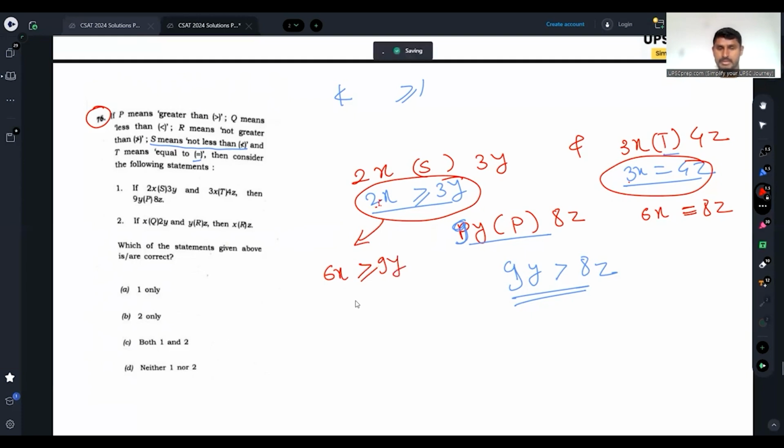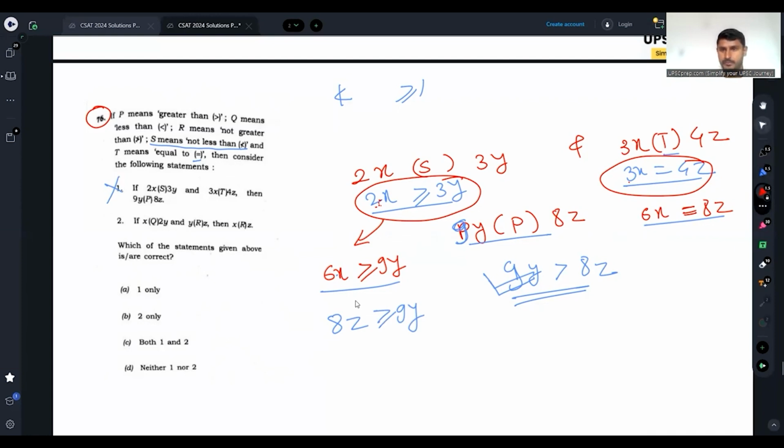If I put the value of 6x as 8z, 8z will be greater than or equal to 9y. But the statement is saying 9y should be greater than 8z. So it means that statement 1 is not correct.